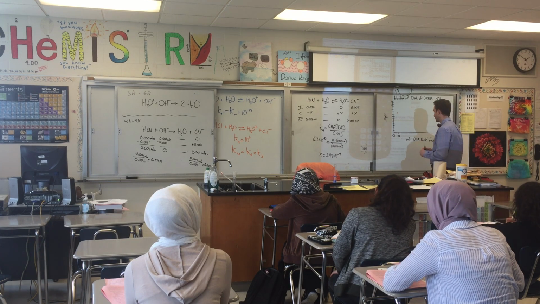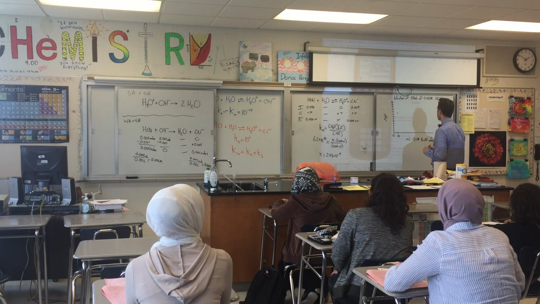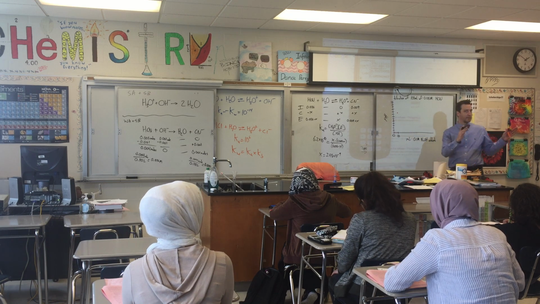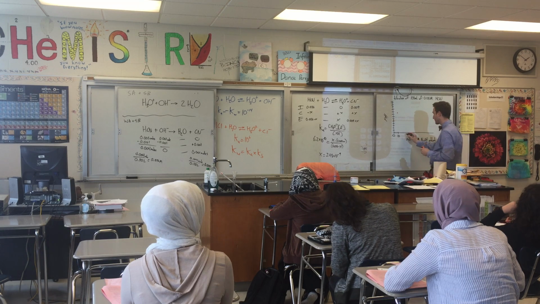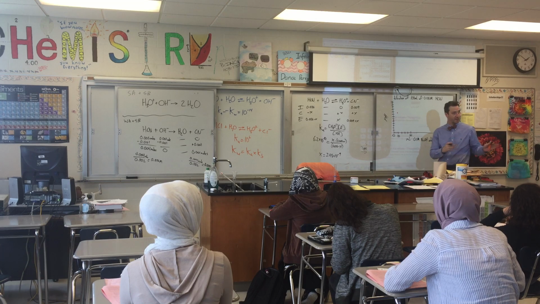So here's what I'd like you guys to do. I want to keep going with this curve. I want these two columns to calculate the pH when 50 milliliters have been added.